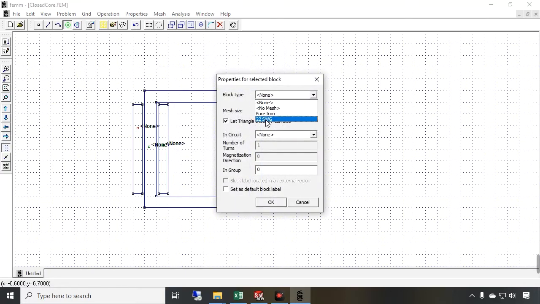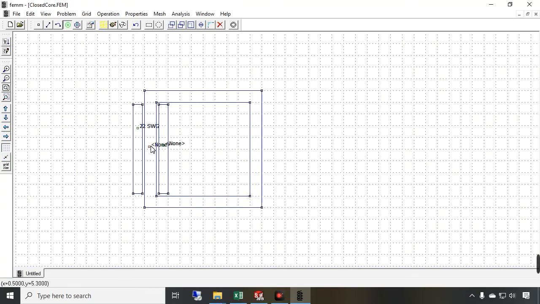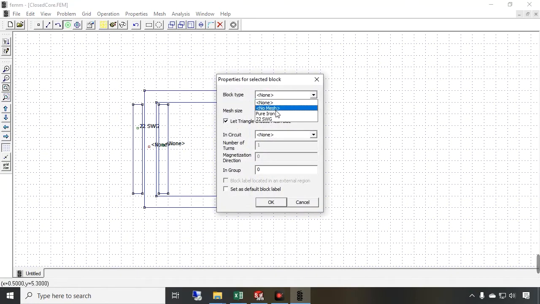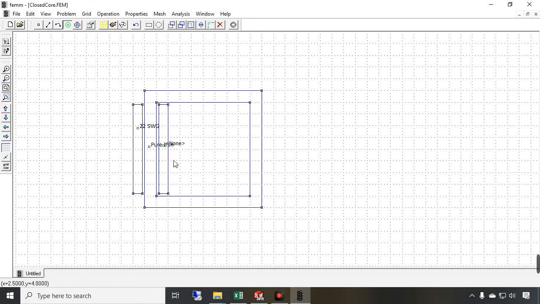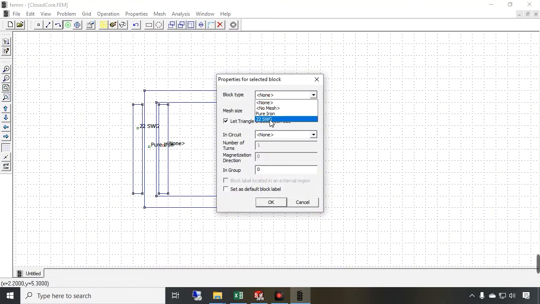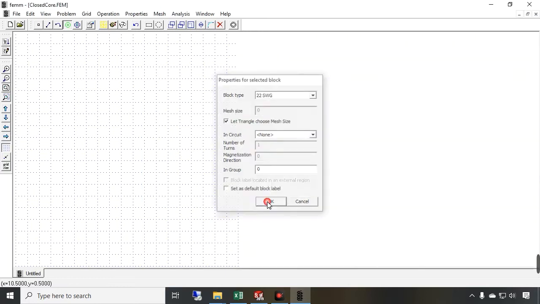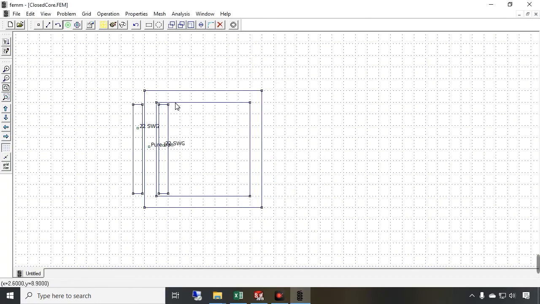Block type is, we can set the material. Block type, material is pure iron. Block type, material is copper. Okay.